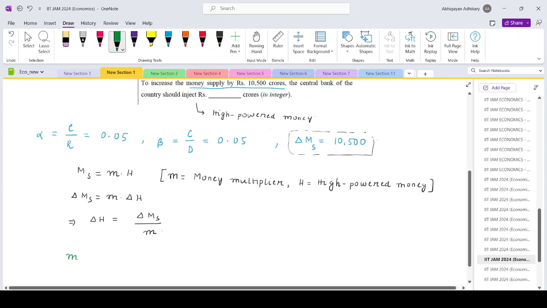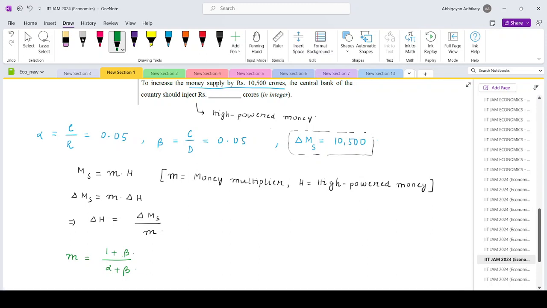Here M is basically (1 plus beta) divided by (alpha plus beta). That is how M is related to the cash reserve ratio and the cash deposit ratio. So if you replace the values, that will be 1 plus 0.05 divided by 0.05 plus 0.05.